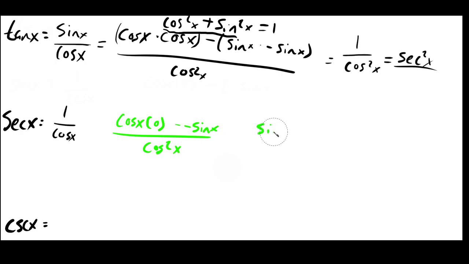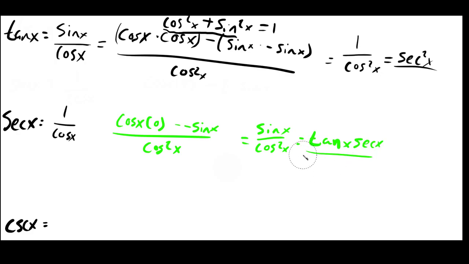This is sine x over cosine squared x. So essentially, this is sine x over cosine x times cosine x. Sine x over cosine x is just tangent. And then we're left with a 1 over cosine x, so that is just secant x.